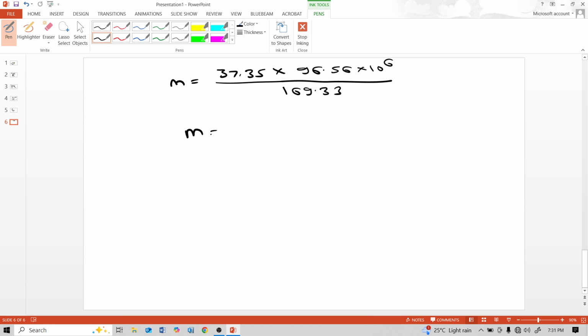Therefore, moment of resistance is equal to 37.35 multiplied by 96.56 multiplied by 10 raised to 6 divided by 169.33. This is 21.29 into 10 raised to 6 Newton mm.